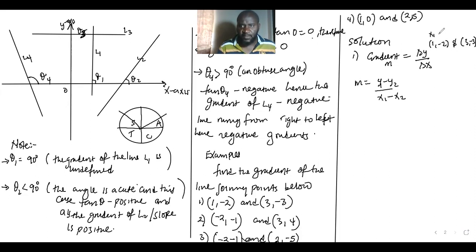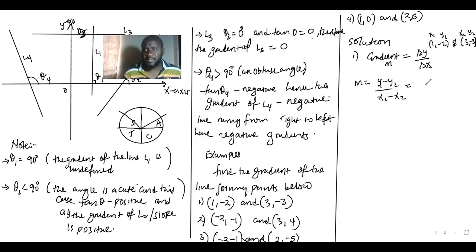Maybe this one has x1, y1. Maybe this one has x2, y2. But with time, you don't even need to identify. You just substitute in the formula and get the answers. So y1 is -2 minus 3 divided by 1 minus 3. This will give me 1 over -2. So the gradient is -1/2.